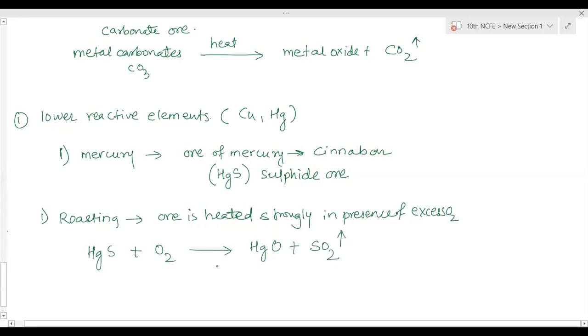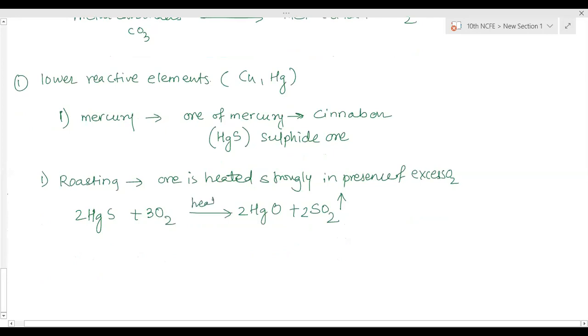So the SO2 gas is released, leaving behind mercuric oxide. 2HgS plus 3O2 gives 2HgO plus 2SO2, balanced, with heat. And now we got the oxide.